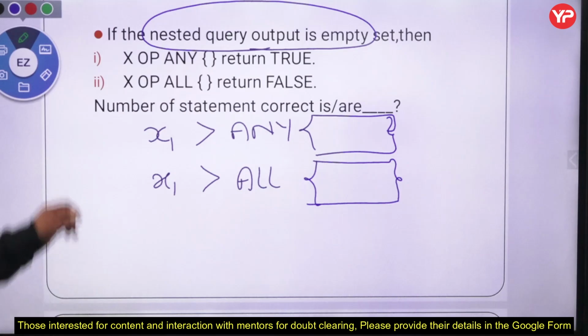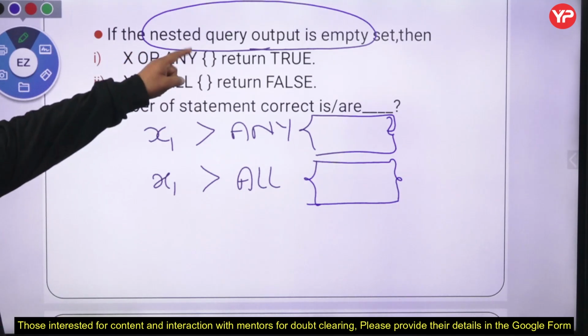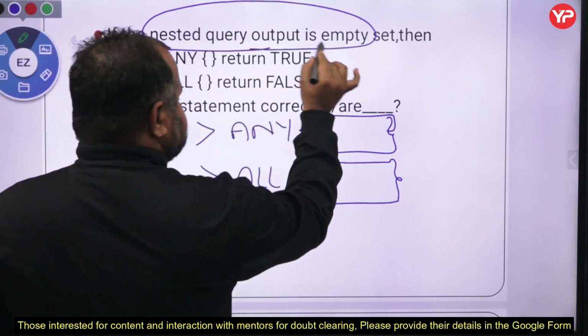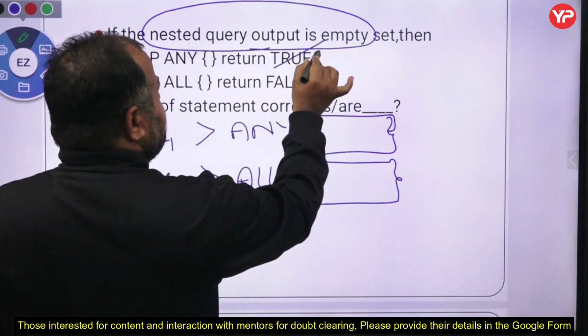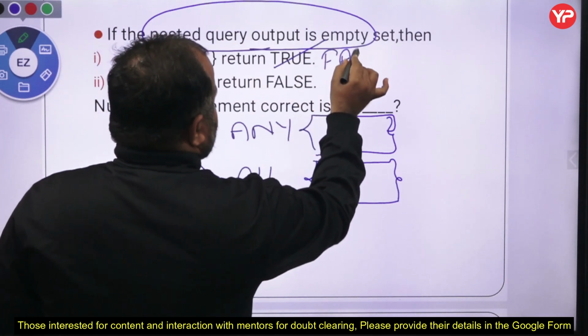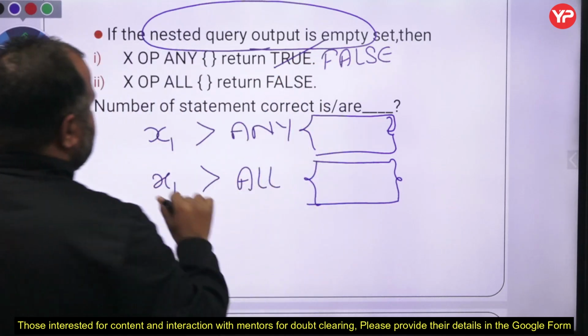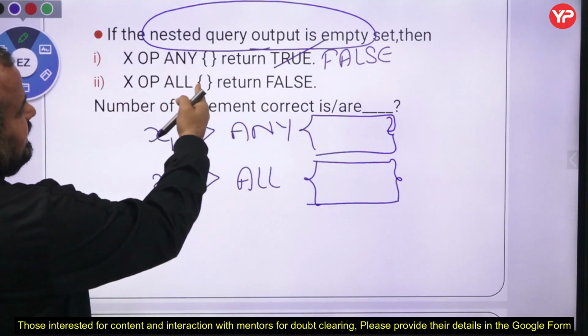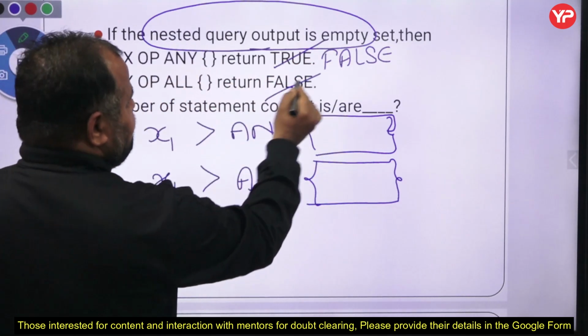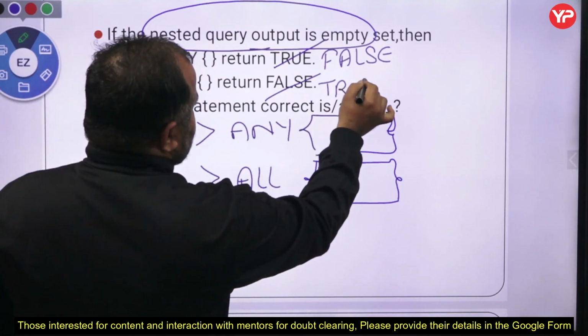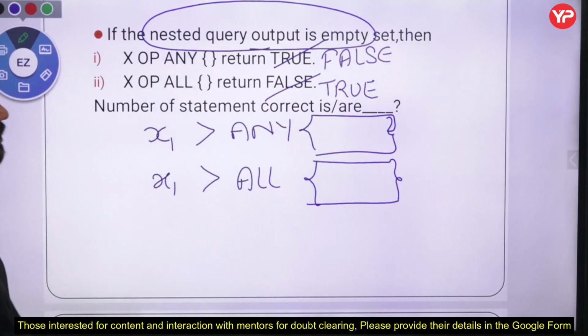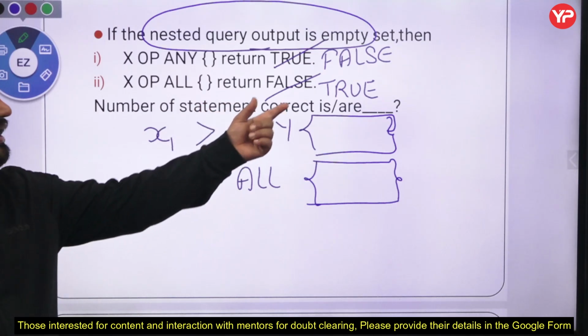It says that x operator any with an empty set returns true, which is a false statement. It always returns false. And x operator all with an empty set always returns true, that is false, it always returns true. It means both statements are false, so the number of correct statements is 0.